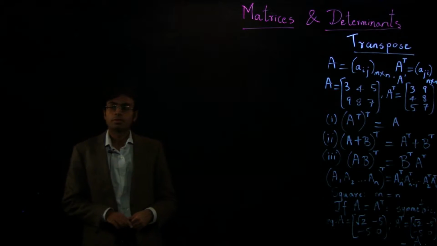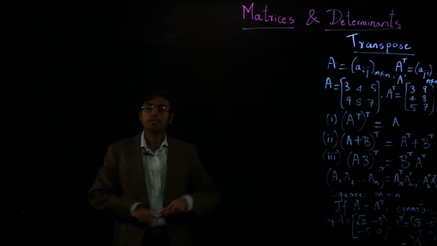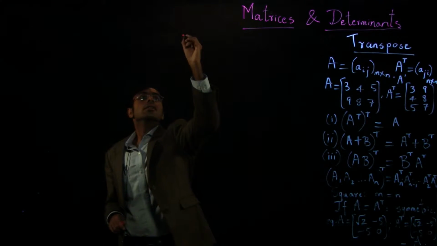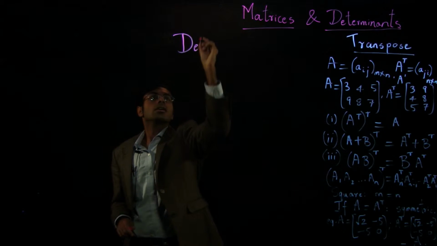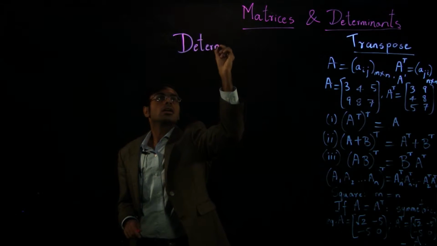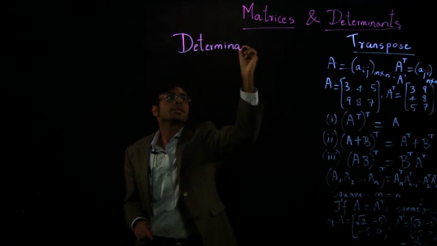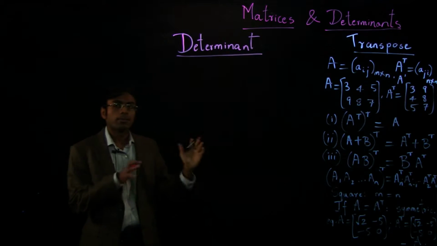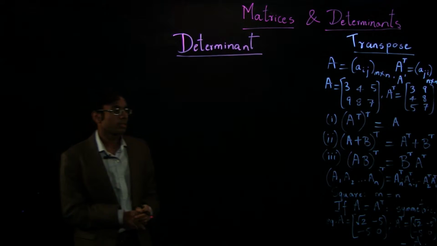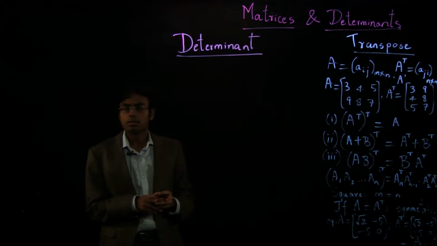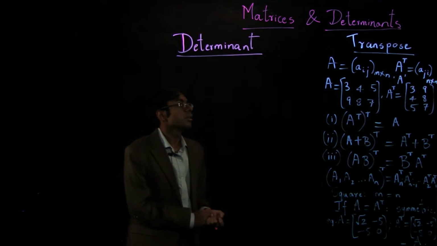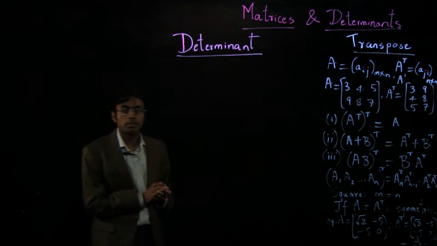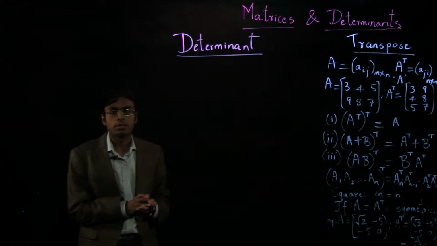Now we come to what is known as the determinant of a matrix. So what is a determinant? Up until this point, we've been studying matrices in general. So again, to recall, a matrix is an ordered rectangular array of numbers.